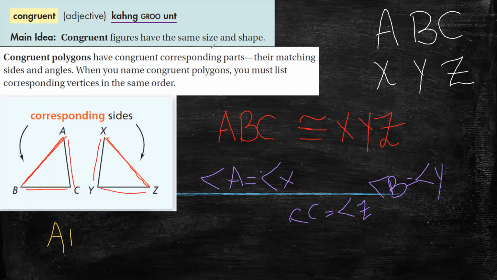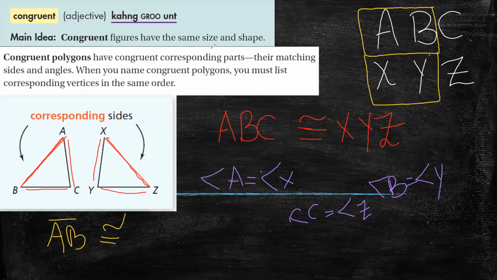You will say line segment AB corresponds to, here you have AB, and under it you have XY. So you will say line segment AB corresponds to XY. They are under each other.